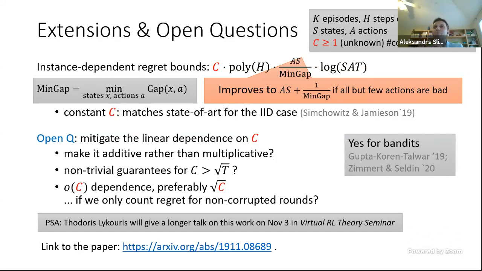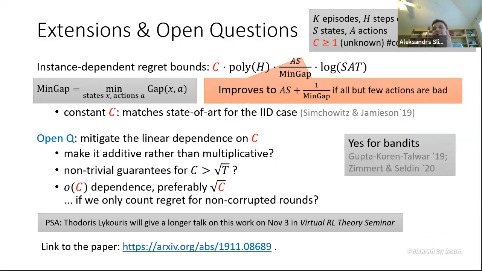One thing that I remember is that if you want better than log squared T regret in the stochastic case, then you're doomed to linear dependence on the corruption.